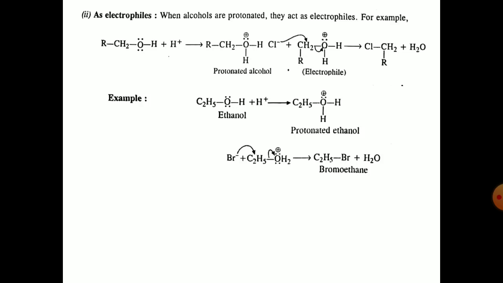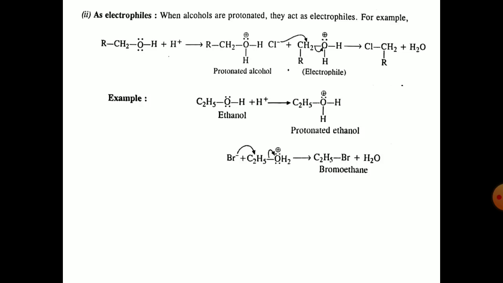So let us come to the example. When ethanol reacts with HCl in the presence of anhydrous zinc chloride. I am not writing anhydrous zinc chloride here because I want to show you how it behaves as an electrophile. C2H5OH plus H plus converts it to protonated ethanol, C2H5OH2 plus, with a positive charge on the oxygen atom because it has shared its lone pair of electrons with H plus.